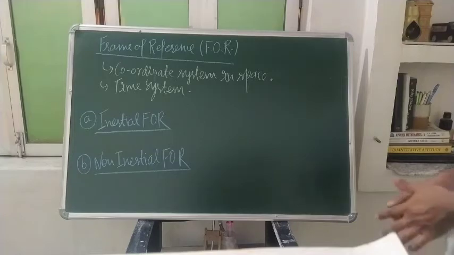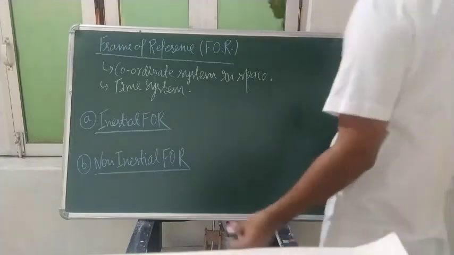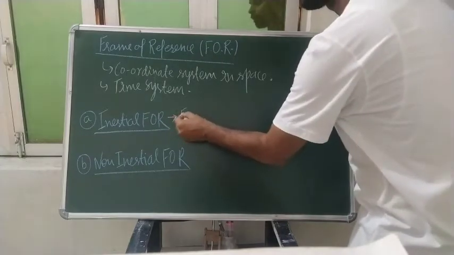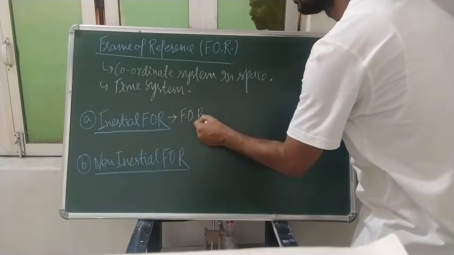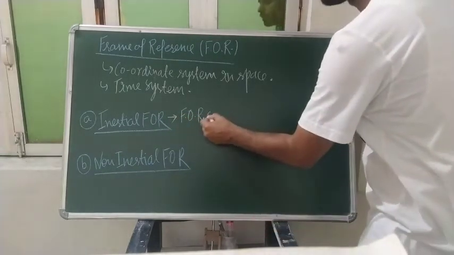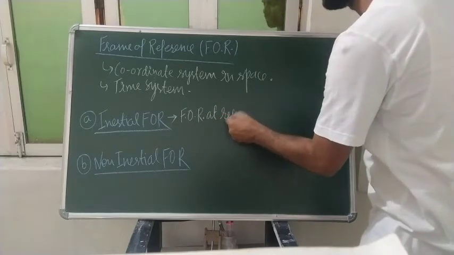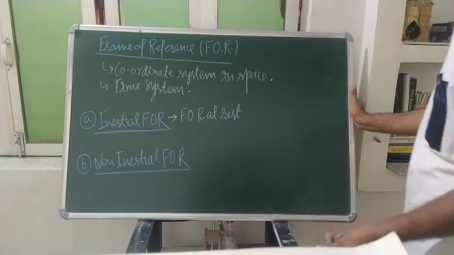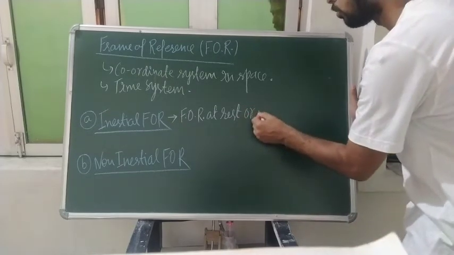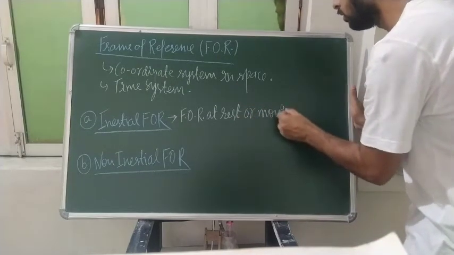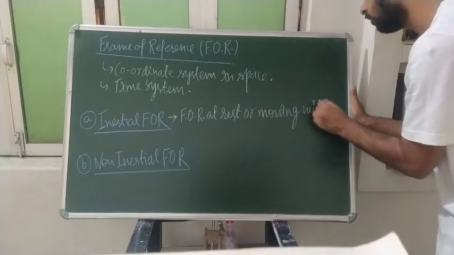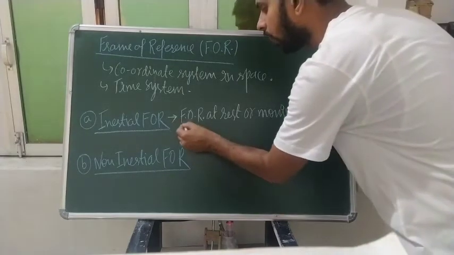So what is an inertial frame of reference? An inertial frame of reference is that frame of reference at rest or moving with uniform velocity.